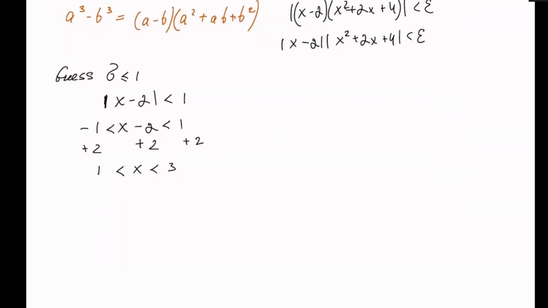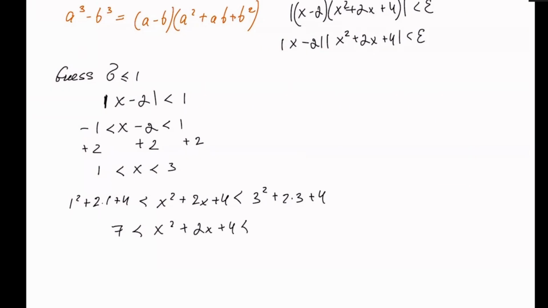So when you plug in 1, you have 1 squared + 2 times 1 + 4 less than x squared + 2x + 4, and then less than 3 squared + 2 times 3 + 4. This one would give us 1 + 2 + 4, that's going to be 7, less than x squared + 2x + 4, less than 9 + 6 + 4, that's going to be 19.